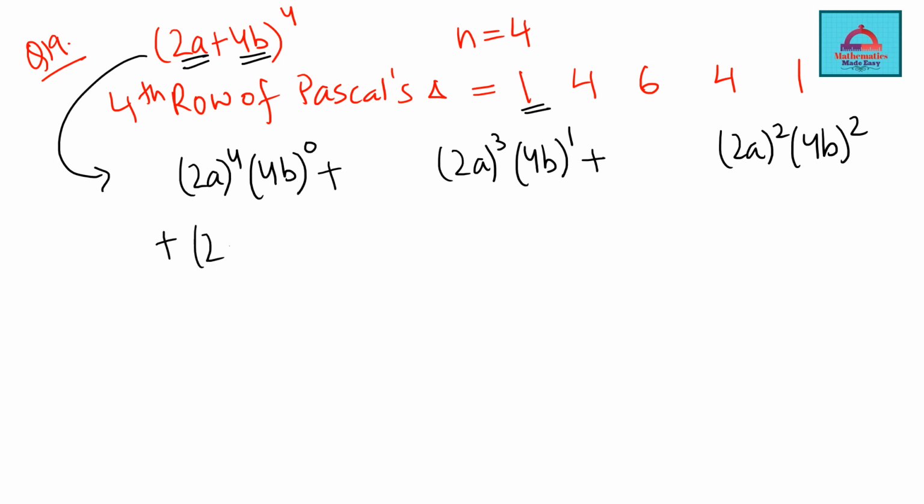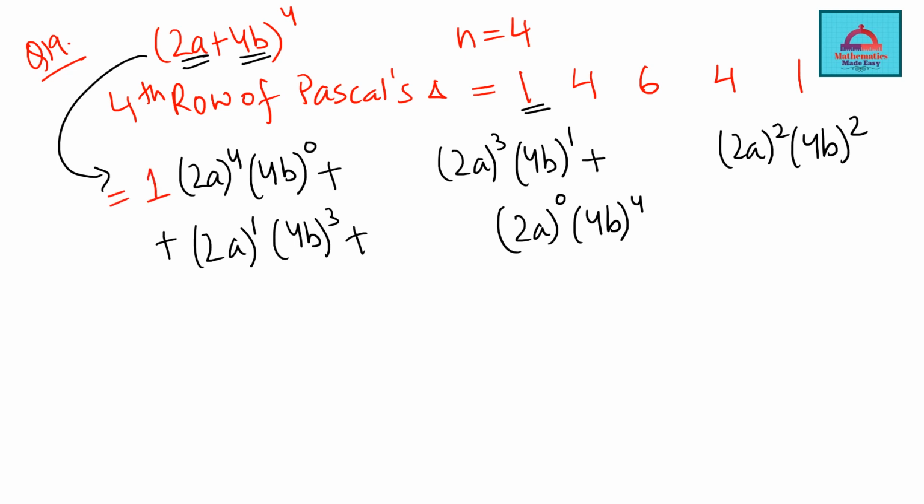So 2a to the power 1, 4b cube, plus 2a to the power 0, 4b to the power 4. Now I will fill in the coefficients. So the first coefficient is 1, the next is 4, the next is 6, the next is 4, next is 1. Now let's expand it, open the brackets, multiply.